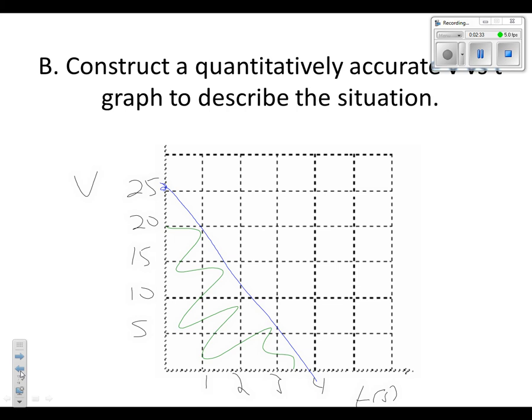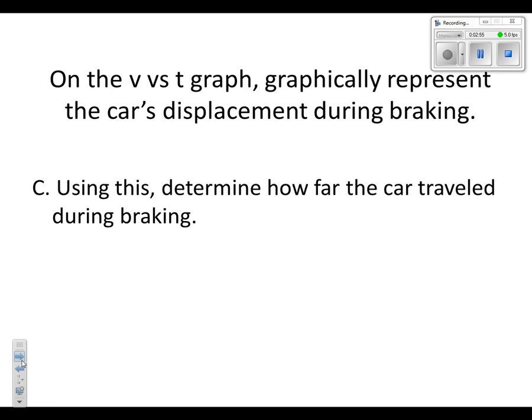The area is equal to 1/2 base times height, which is 1/2 times 4 times 25 meters per second. That gives me 50 meters. So that should go here: 50 meters.